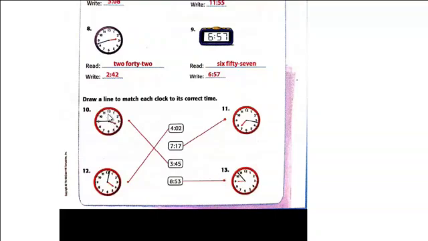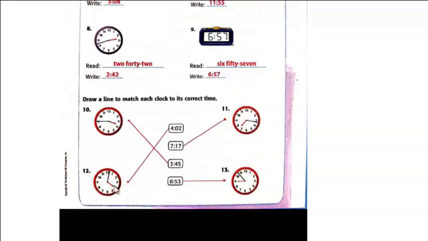From 12 to 5 there are 25 minutes. From 12 to 6 there are 30 minutes. From 12 to 7 there are 35 minutes. From 12 to 8 there are 40 minutes. From 12 to 9 there are 45 minutes. Okay, so this will be 3:45 like this. So draw a line here. Number 12.